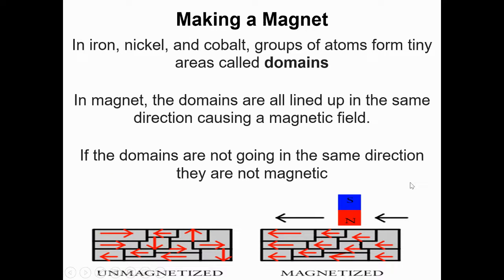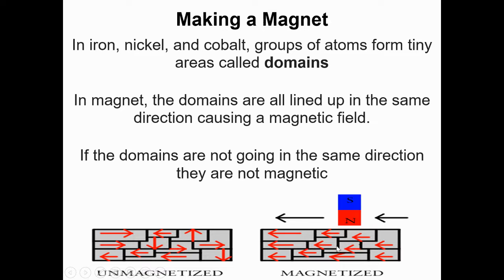So we can actually make temporary magnets by taking an iron, nickel, or cobalt item. Remember, those are the only three metals that can become magnets because those are the only three that are magnetized. In these materials, we have groups of atoms, and they form tiny areas called domains. In a magnet, these domains have to be lined up.